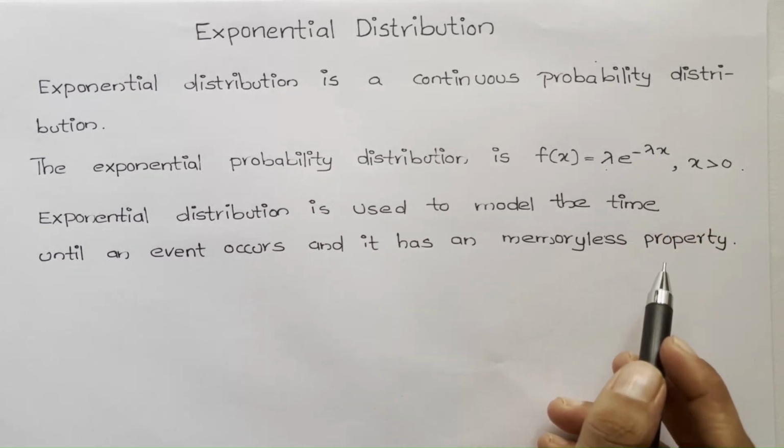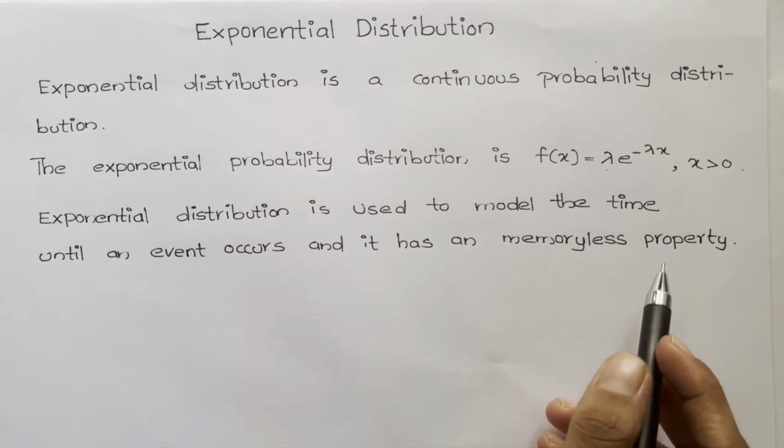Memoryless property means the past events don't depend on or influence future probabilities.